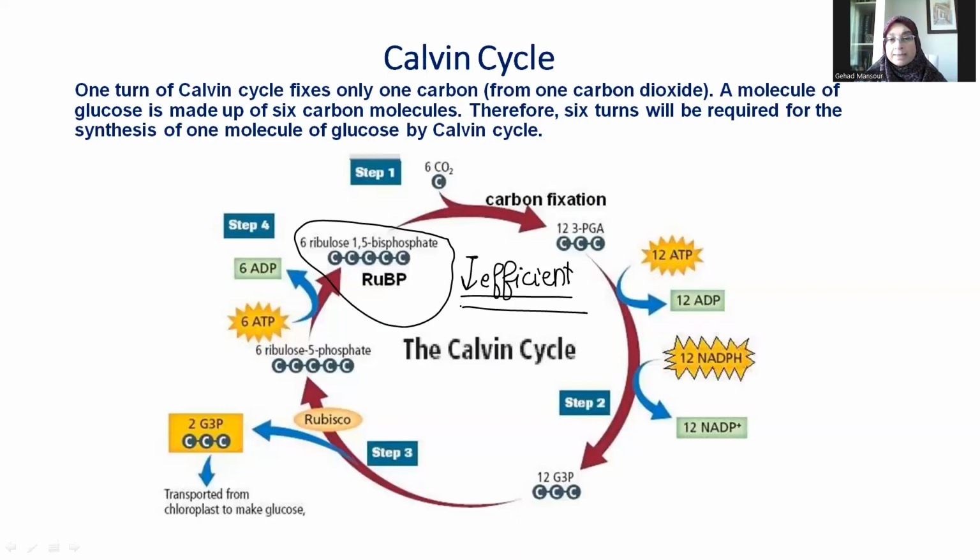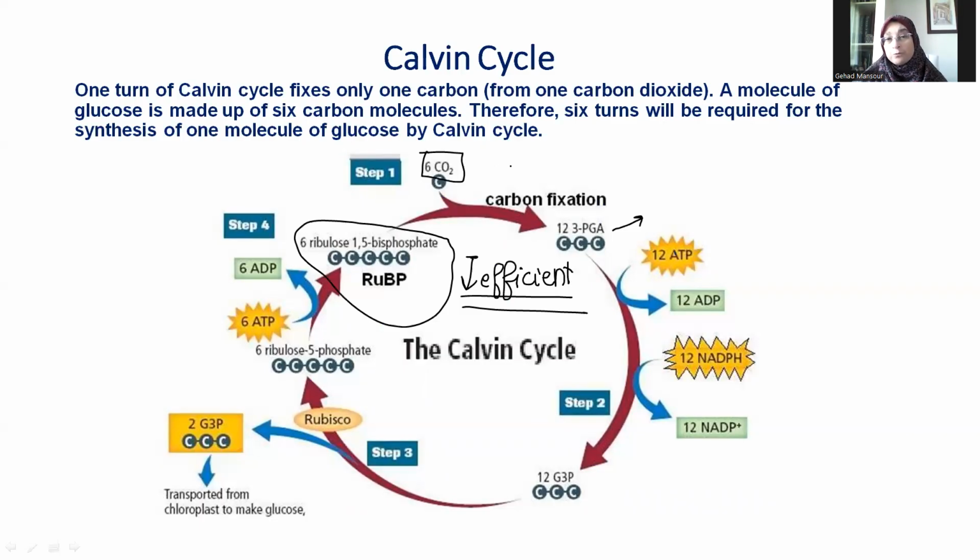Why do we say less efficient? Because actually there would be a competition between oxygen and carbon dioxide, meaning that some molecules of carbon dioxide will be fixed by some molecules of Rubisco as usual and will react with ribulose bisphosphate to give 3-phosphoglyceric acid, but some molecules will not be fixed and will be wasted.